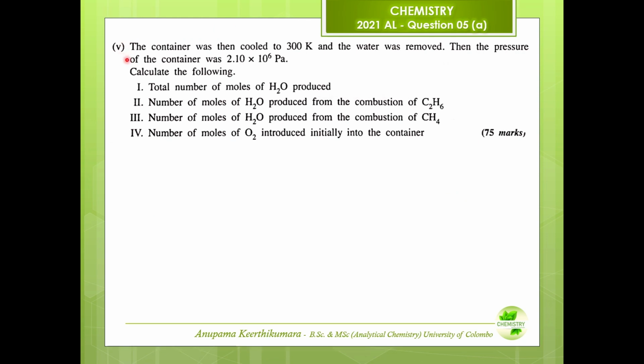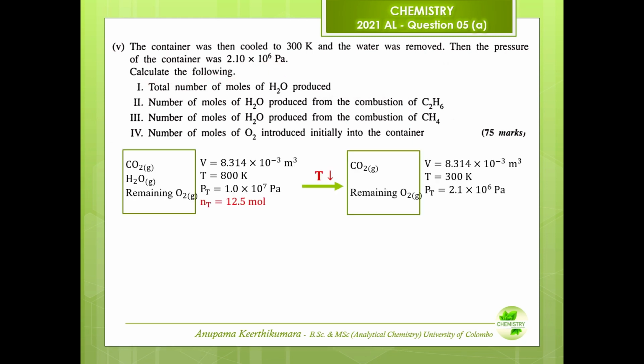Question number 5. The container was then cooled to 300 Kelvin and the water was removed. Then the pressure of the container was 2.1 × 10^6 Pascal. Calculate the following. Here we have the system at 800 Kelvin, that's the previous part.